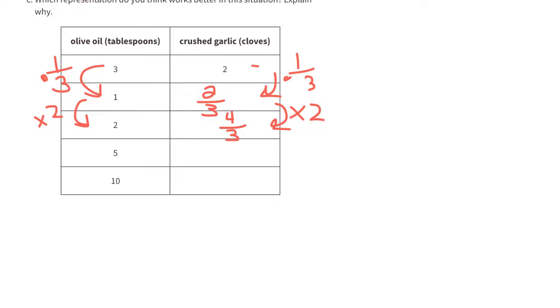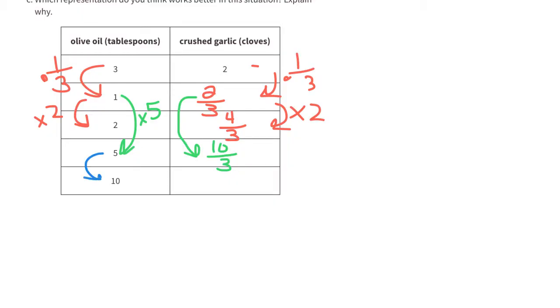And then here, how do you go from 2 to 5? Do we have to go from 2 to 5? No. We could go from 1 to 5. Ooh. So we could times by 5. That's how we get 5. So we could take our 2/3 and times by 5, and that's going to give us 10/3. And then all we have to do is double.